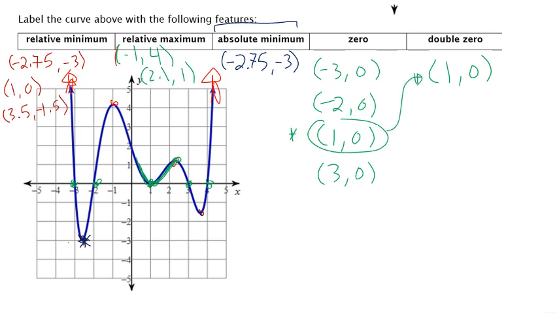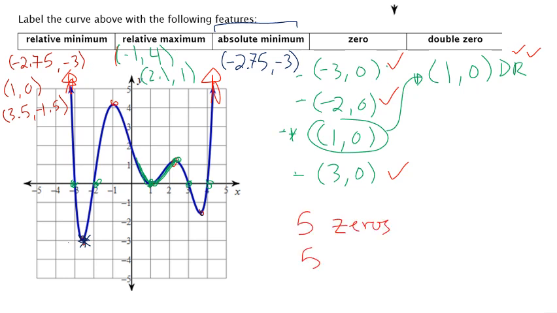What that means is if I'm counting the number of zeros, even though when I physically count it I only have 1, 2, 3, 4, this bounce counts as a double zero. It counts twice, right? So we call it a double root, a double zero. If I count this, I have 1, 2, 3, I would count this one twice, 4, 5. So there's actually 5 zeros for this problem.